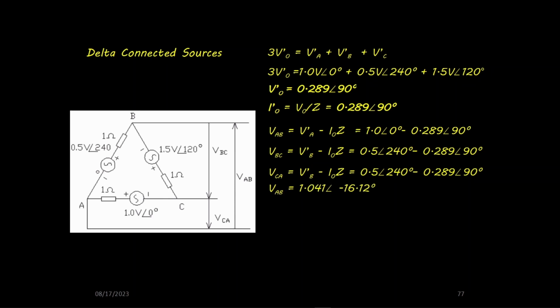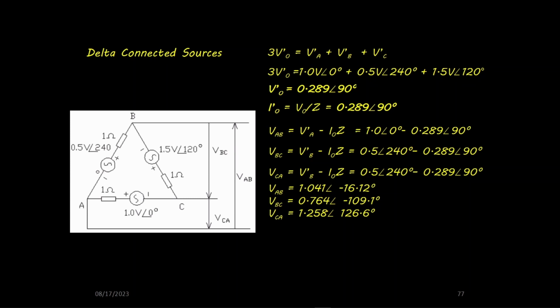VAB equals 1.041 at minus 16.12 degrees. VBC equals 0.764 at minus 109.1 degrees. VCA equals 1.258 at 126.6 degrees.